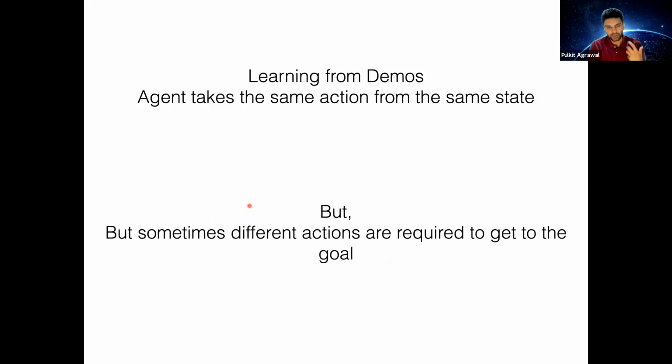So what we want to go towards are methods where different actions are required from the same state to get to the goal, right? Or maybe the actions are completely different and I can't match the actions, but the final goal is the same.